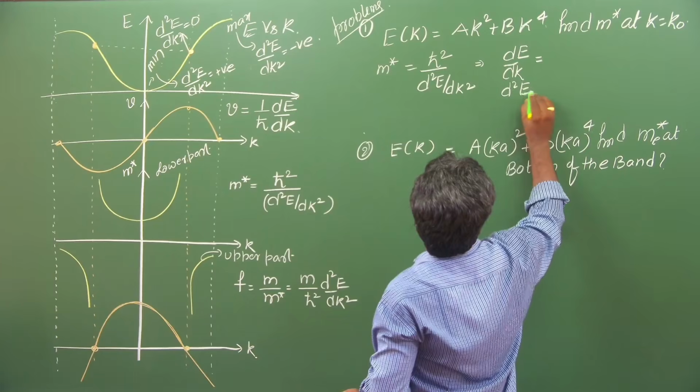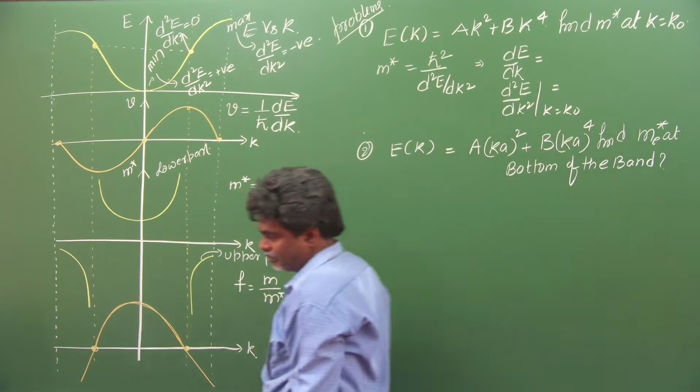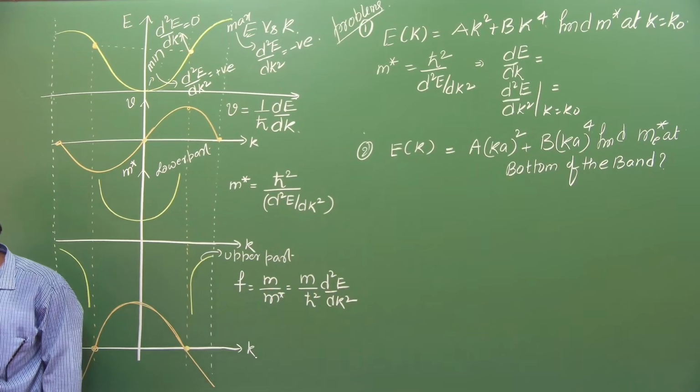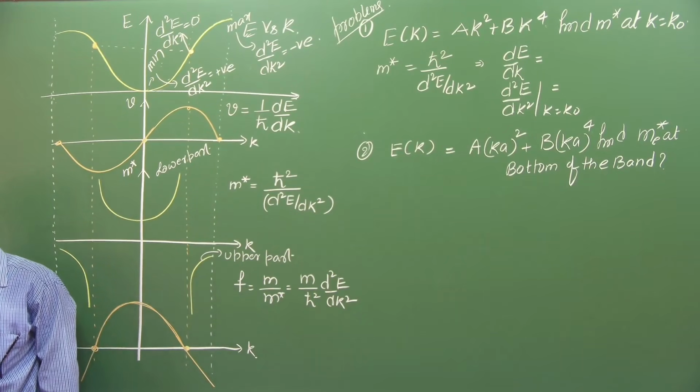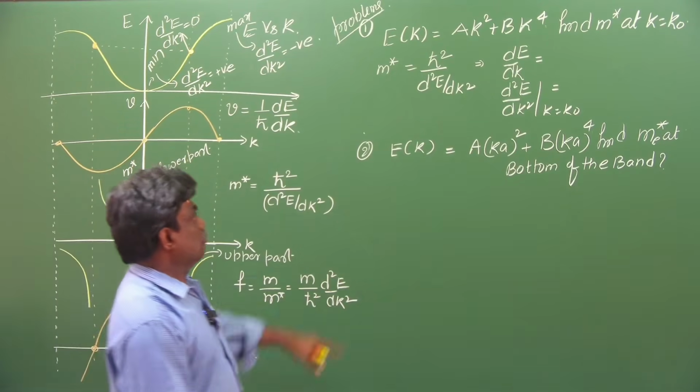After that 2 times derivative and put k equal to k naught. Please do the problem.